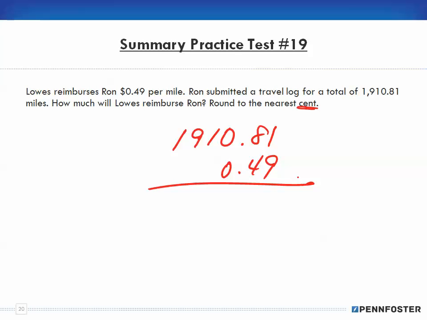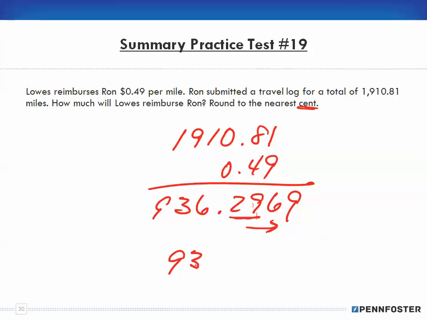Again, I'm going to use a calculator, times 0.49. And I end up with 936.2969 as my final answer. It says I have to round to the nearest cent. These are my cents, so I look right and I see 6 is greater than 5, which means I round up, so he's going to get $936.30.